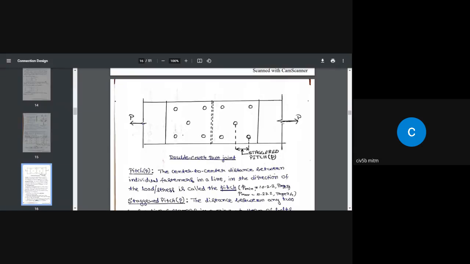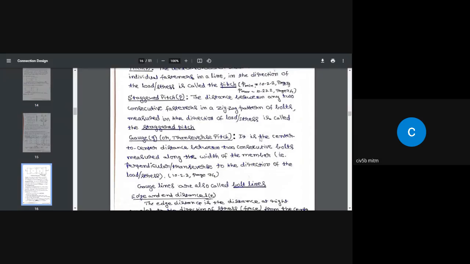Similarly, when we measure the end distance, we take the extreme bolt and go in the direction of the applied force and measure it. That is the end distance. We are going to represent those two things as E. So what is E minimum and what is E maximum?